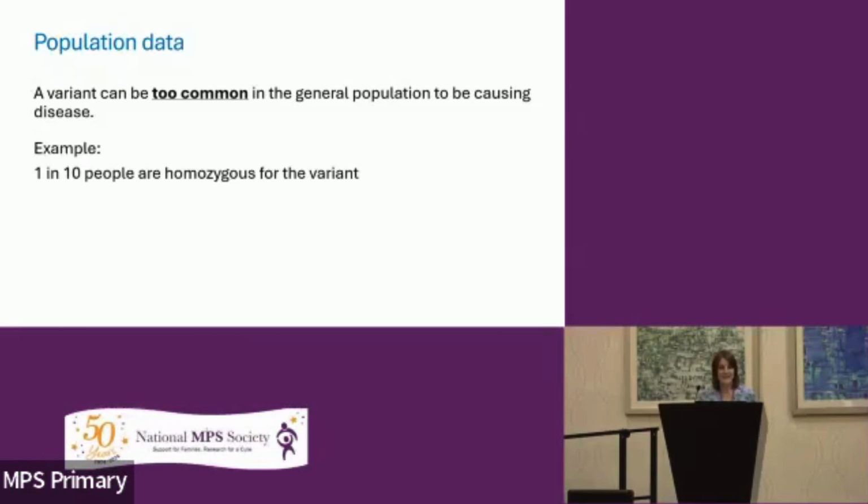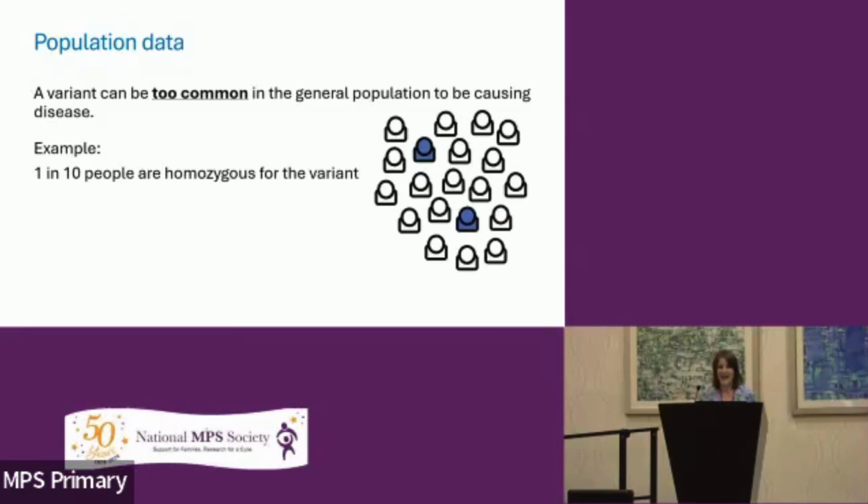So to think about this, you may see 1 in 10 people who are homozygous for the variant. So both copies of their gene have the same variant. And if you're thinking about this in terms of a rare disorder, let's say a disorder that has a frequency of 1 in 40,000 people, clearly this variant is just too common to be causing this disease. So immediately we would classify that variant as benign, so not causing disease.